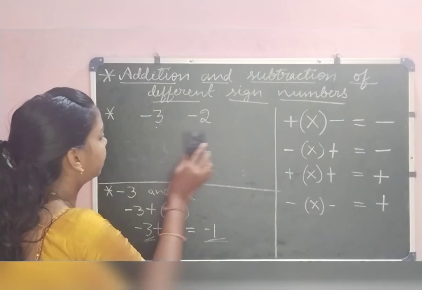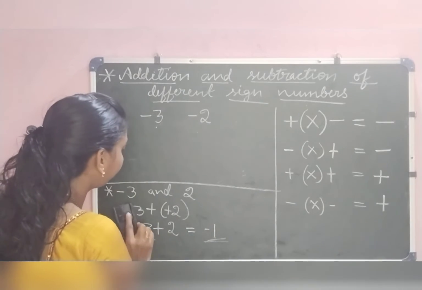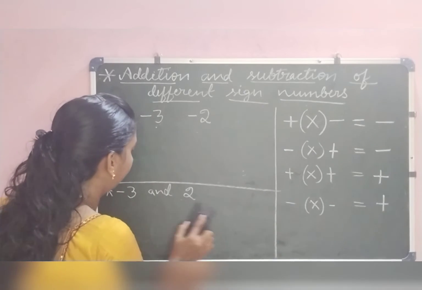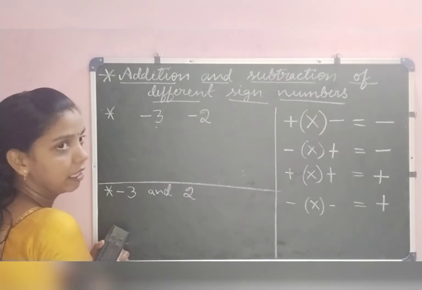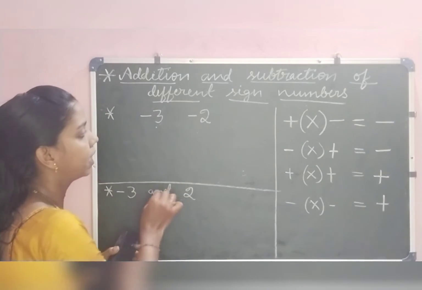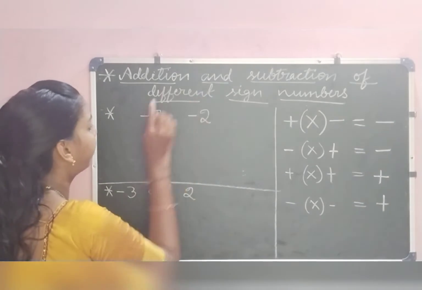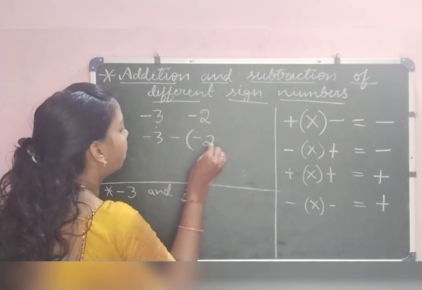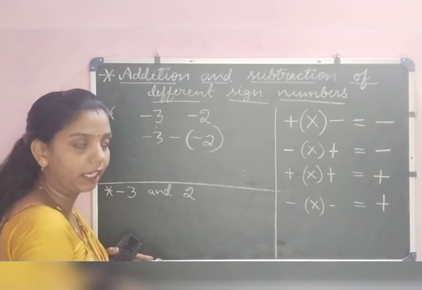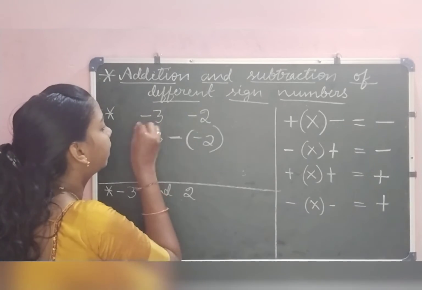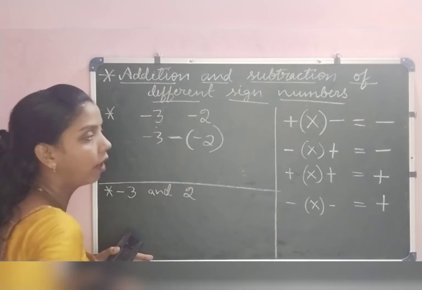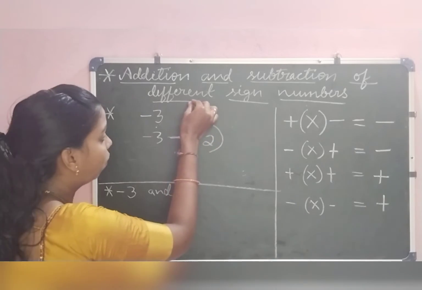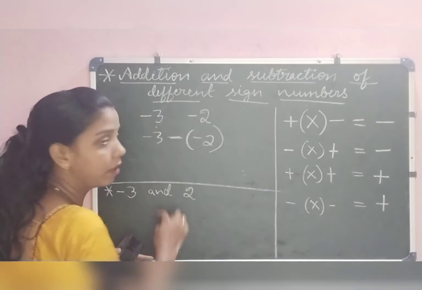Now, again I will consider the same two numbers here. If I consider minus 3 and minus 2 in subtraction, minus 2. Now I am not going to add the numbers, I am going to subtract the two numbers. While subtracting, you know that you have to apply a bracket to the second number.